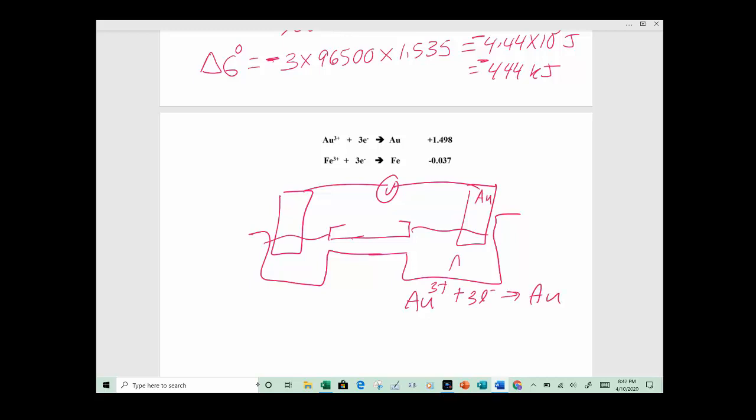So there's our gold. And then this must be our iron 3 cation, our iron electrode. This is going to be our anode. This is going to be our cathode here. And electrons flow in that direction. And the reaction here, of course, is Fe.